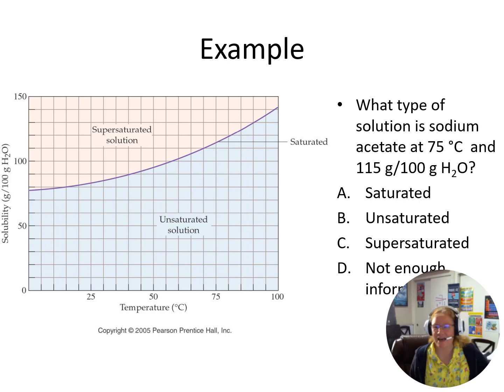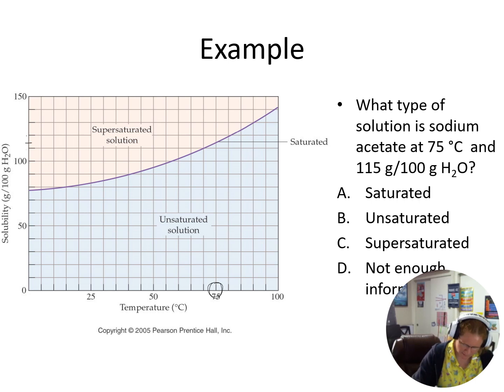So again, everything has limits of solubility. So sodium acetate, if we're at 75 degrees Celsius and 115 grams of our sodium acetate per 100 grams of water, so 100, 110, 120, so about here.